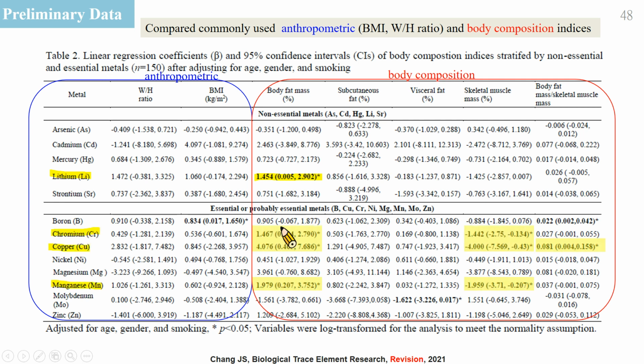But if you look at essential or probably essential metals, chromium, copper, and manganese were also positively correlated with body fat mass, but inversely correlated with skeletal muscle mass.